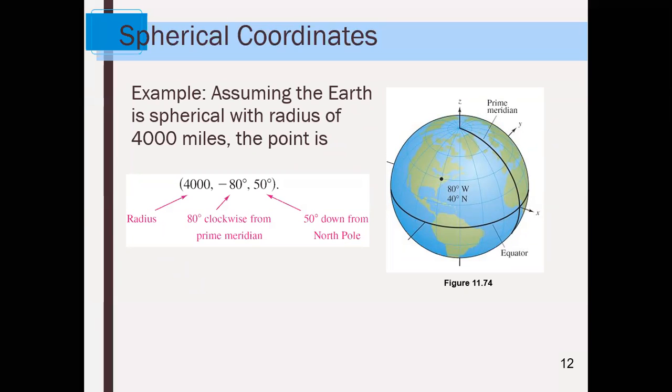Assuming the Earth is spherical, which I think we could pretty much assume at this point. By the way, last time I was talking about spontaneous human combustion and the Philadelphia experiment. If you want another afternoon of pleasure, you should go read about flat Earth stuff. That's sort of fun. There's something called the Flat Earth Society today. It's pretty interesting.